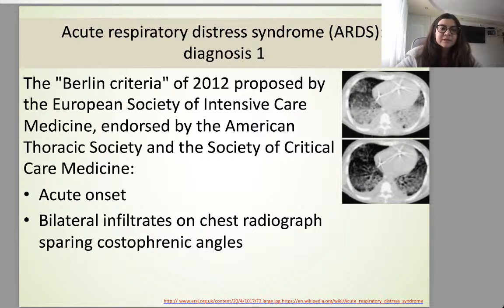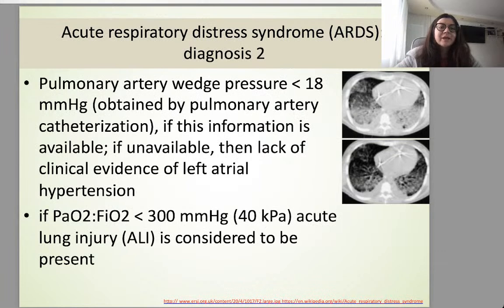These criteria include acute onset, bilateral infiltrates on chest radiographs, pulmonary artery wedge pressures less than 18 mm Hg obtained by pulmonary artery catheterization, if this information is available. If unavailable, then a lack of clinical evidence of left atrial hypertension.